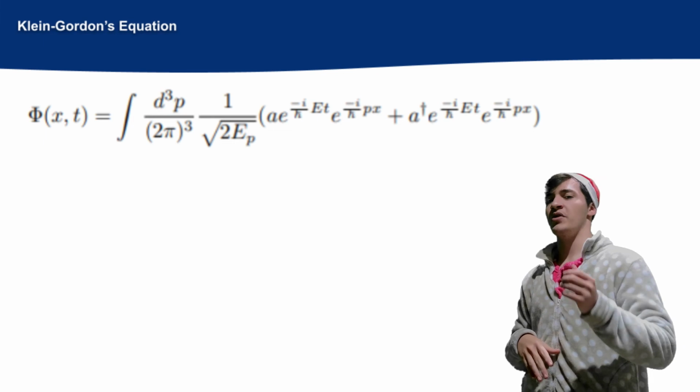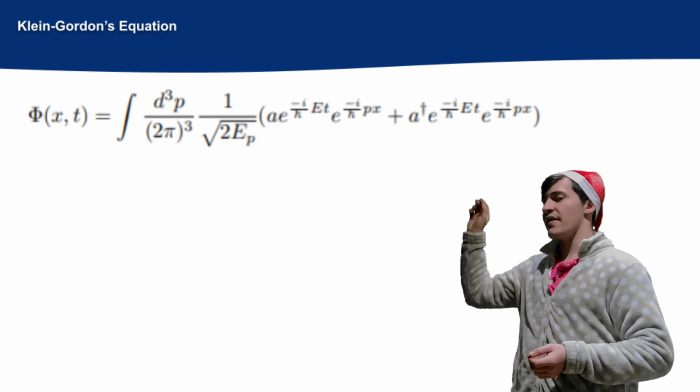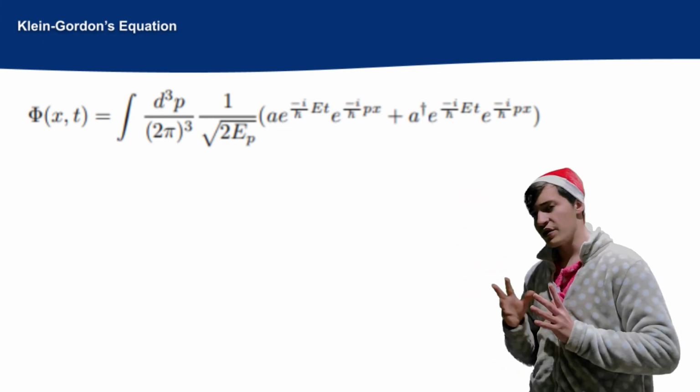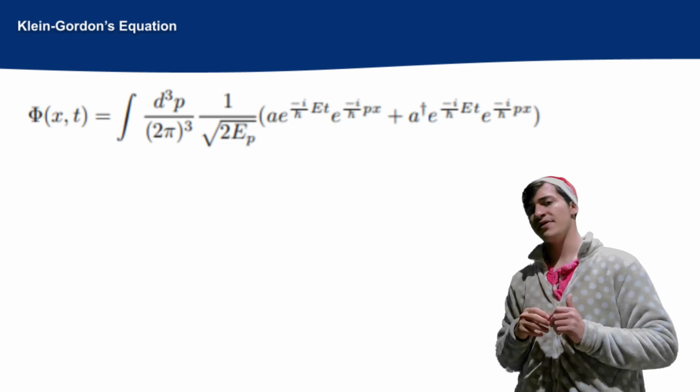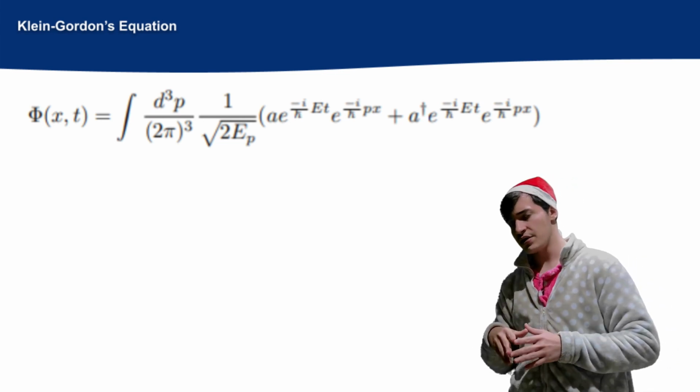And now, by applying the operator formalism to A dagger and A, we reach an equation which is formally similar to the one we have seen before with the quantum harmonic oscillator.